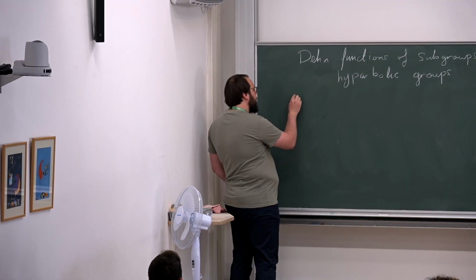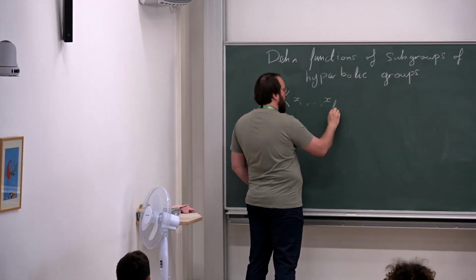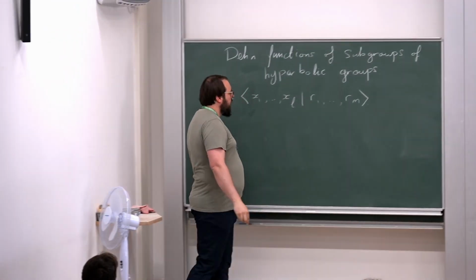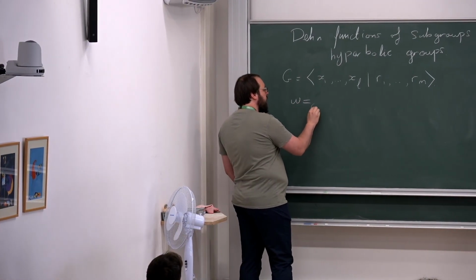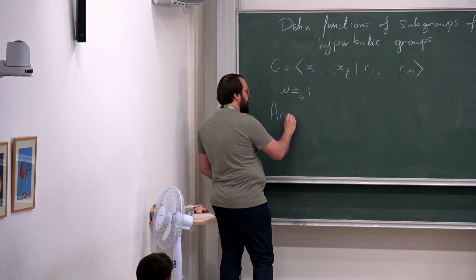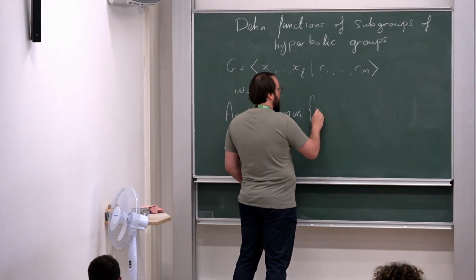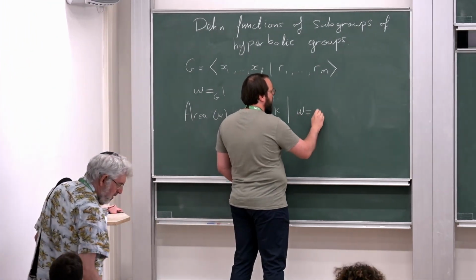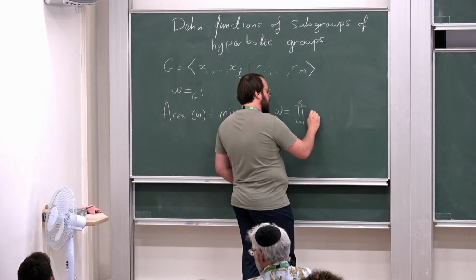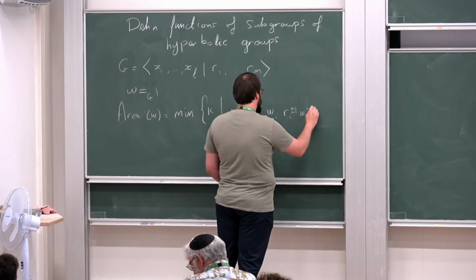So if you're given some group G, which is given by some presentation, and you're given some word W, which is equal to the identity in G, then the area of W is the minimal K such that W is a product of K conjugates of relations, W_i R_i^{±1} W_i^{-1}.